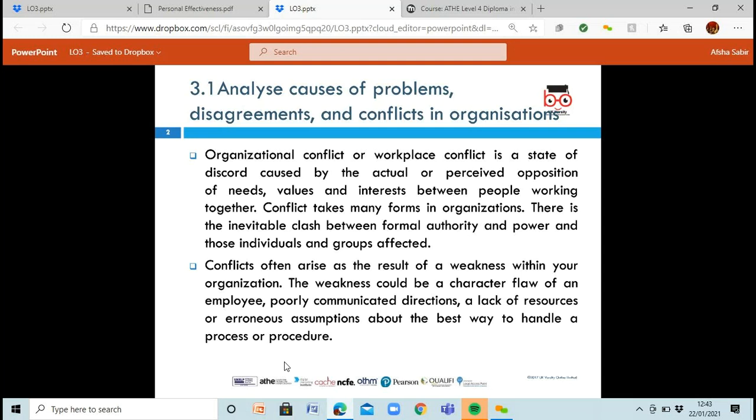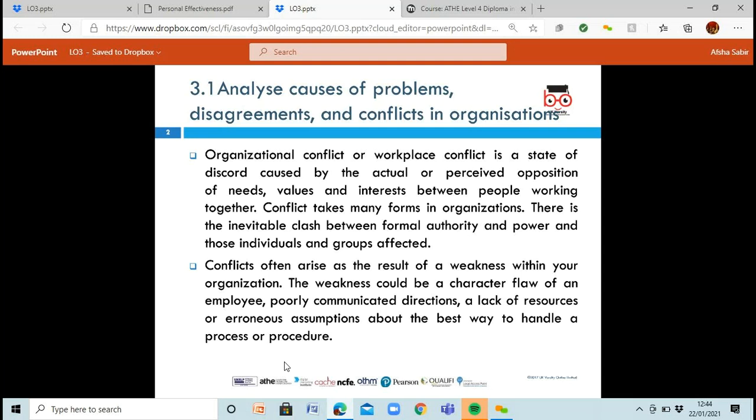Organizational conflict or workplace conflict happens because there's a discord within the work. This means there's some sort of problem, an opposition of needs, things not being met, and values and interests between people might not be the same.